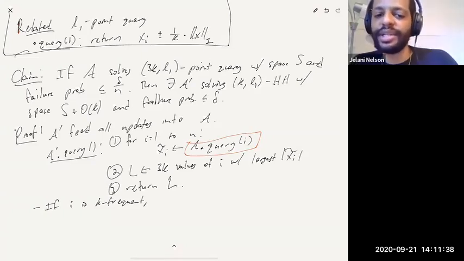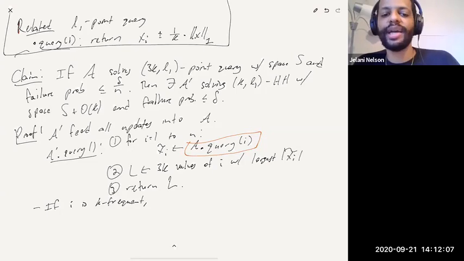I'm just going to condition on the event that none of those queries failed. They all succeeded. Now, each one fails with probability at most delta over n. So the probability that there exists one that failed is at most n times delta over n by the union bound. So that's delta. So the failure probability, the probability that any of these A dot queries failed, is at most delta.